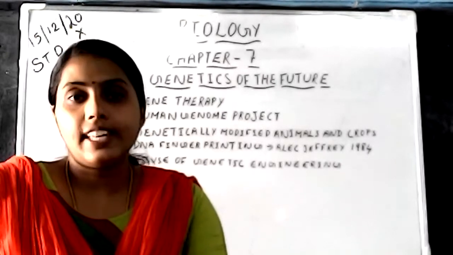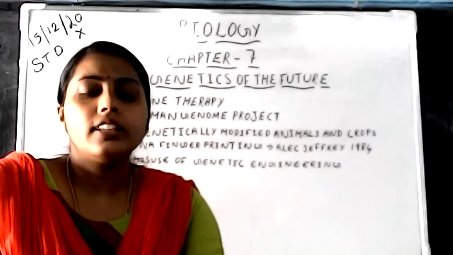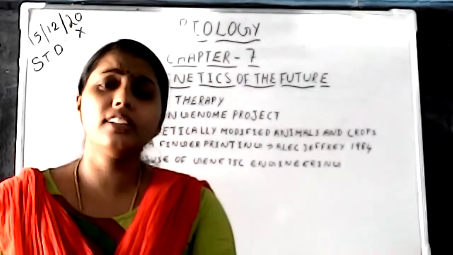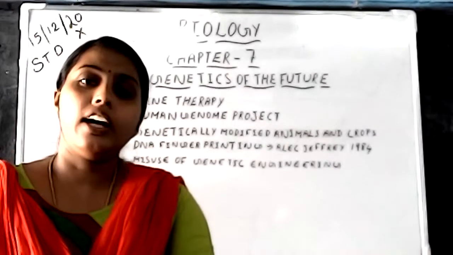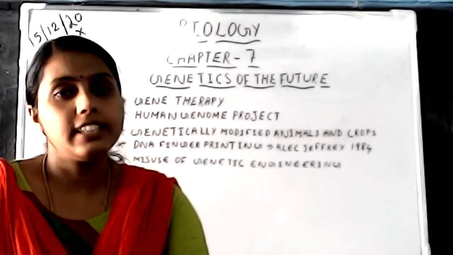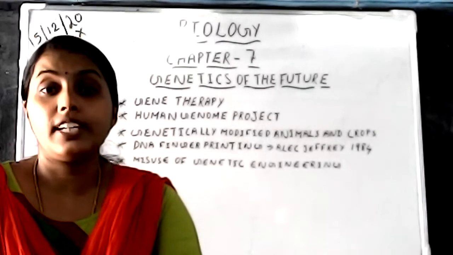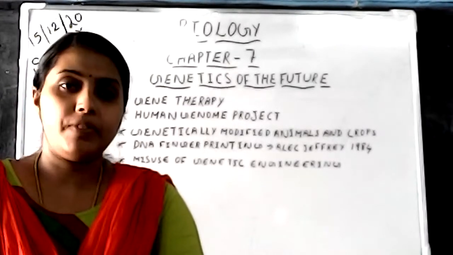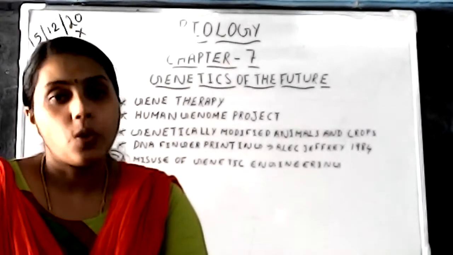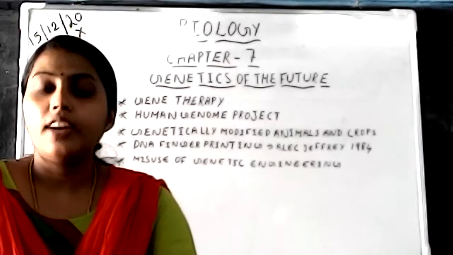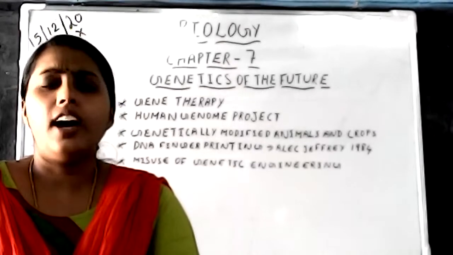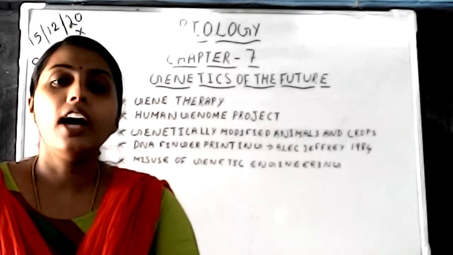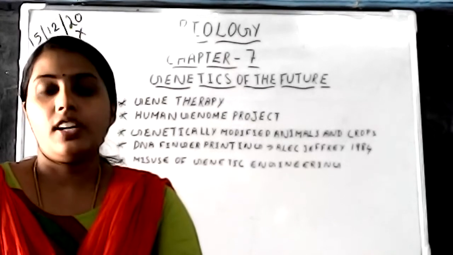Gametes means sex cells, and their fusion, fertilization, all these things you have studied. And the reasons for variation you studied in the previous class: crossing over, mutation, fertilization. All these are the reasons for variation.